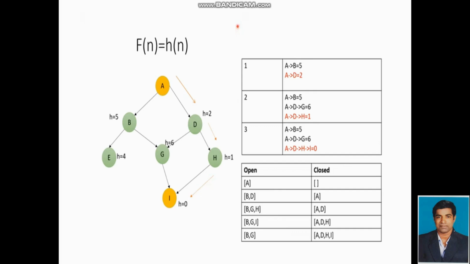In the next iteration, B and G we write as they are, because their heuristic values are higher; only H has the lowest heuristic value. That is moved to closed, and the next processing state is I. The remaining open states are B and G, whereas the closed states are A, D, H, I.